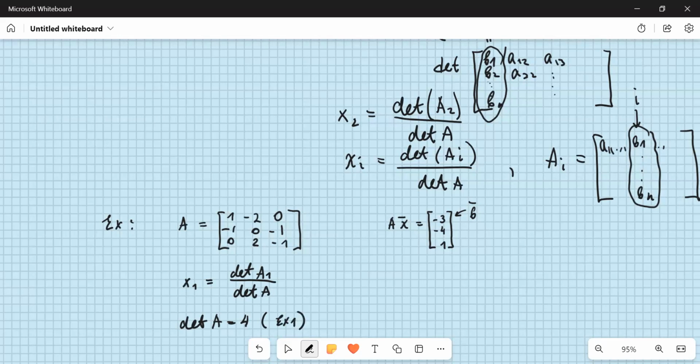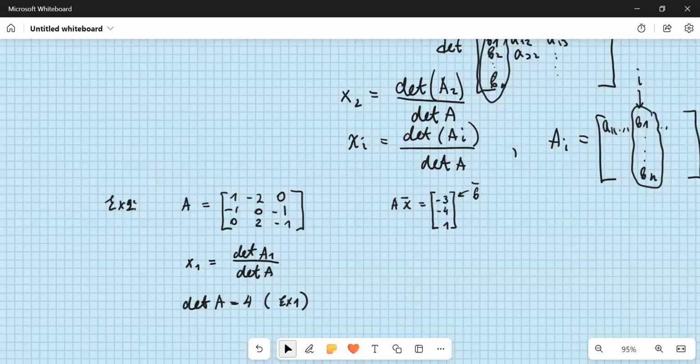Now we need to find determinant of matrix A1. You take this column, minus 3, minus 4, 1, and put it instead of the first column in your matrix over here. Copy the rest.